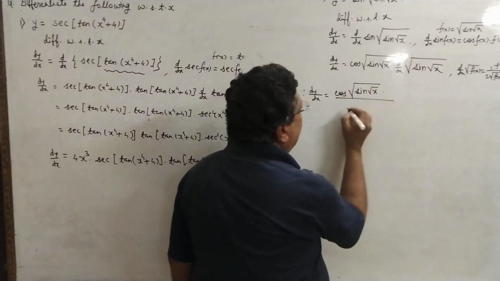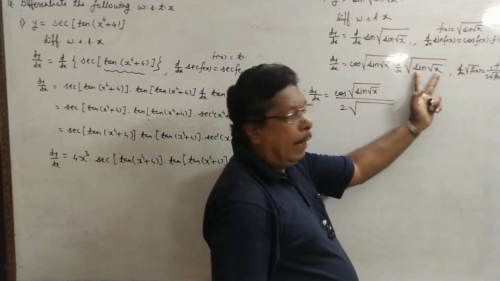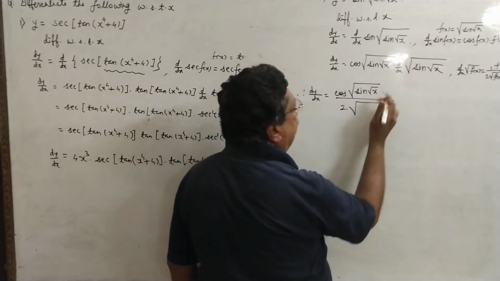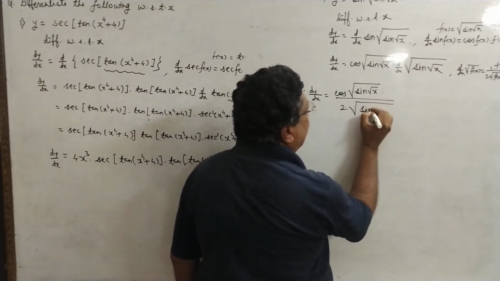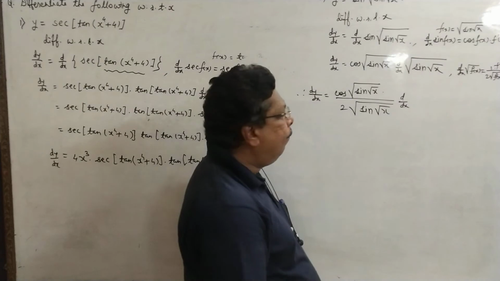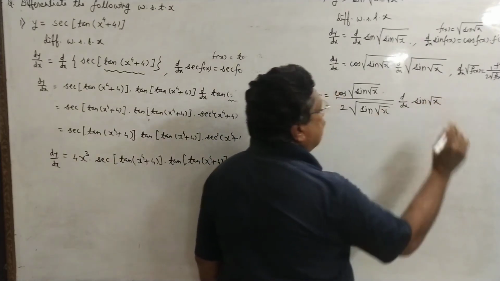Similarly, 1 upon 2 root, what is fx? Fx is sine root x. Derivative of root fx is 1 upon 2 root sine root x into d by dx of fx. Fx is sine root x.